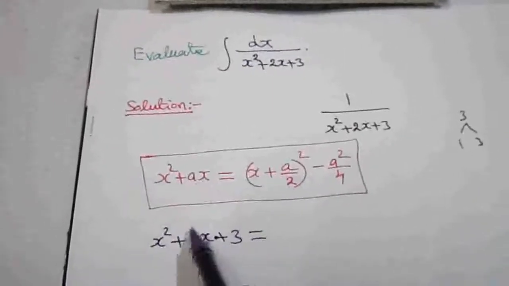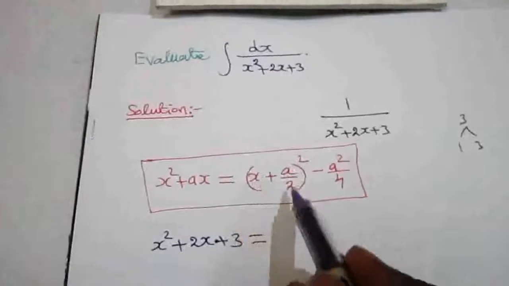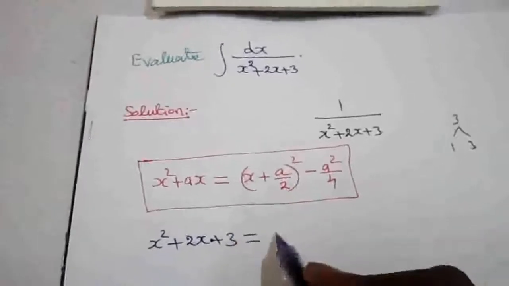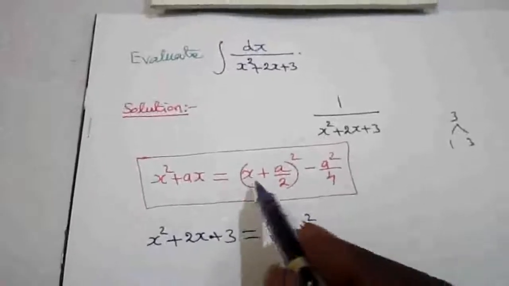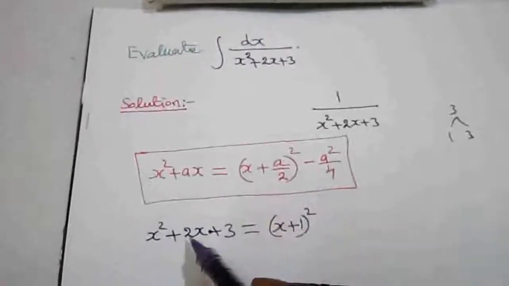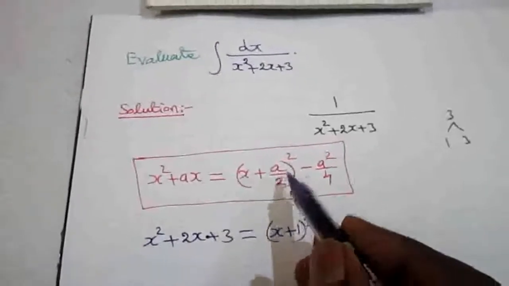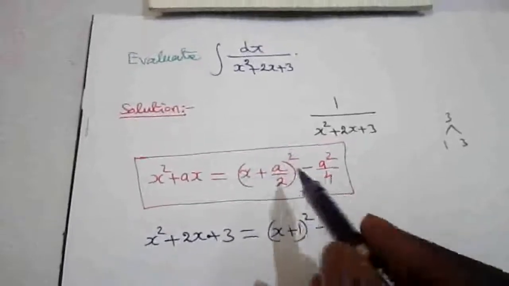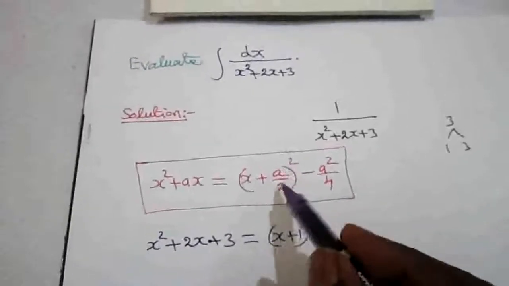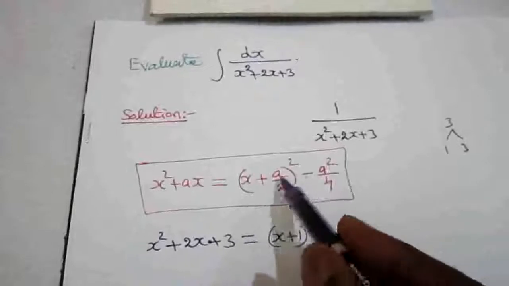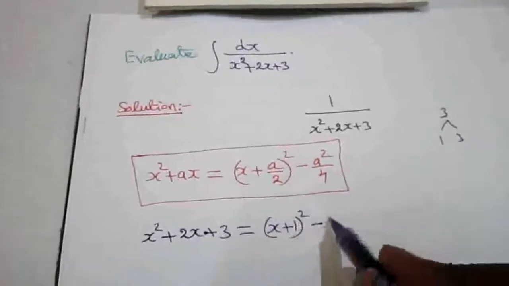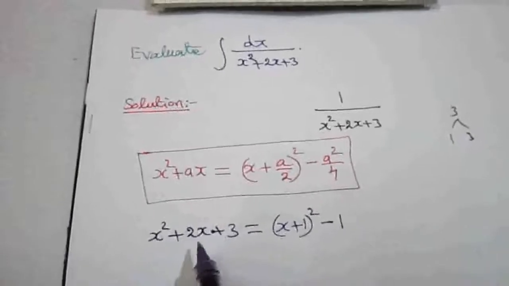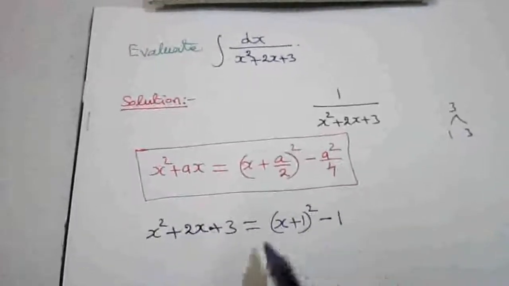What is a here? 2. So x plus a by 2, 2 by 2 is 1, so x plus 1 the whole square, minus the square of the inner term, a square by 4, which is 1. So the quadratic equation is converted into a perfect square.